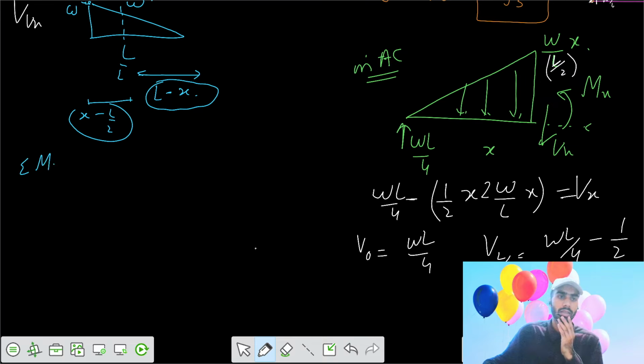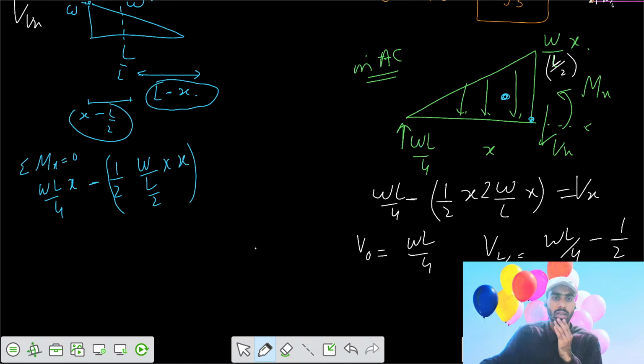We write summation Mx equals 0: WL/4 about this point, WL/4 into x, and the centroid is here, and the area of that triangle is 1/2 into W/(L/2) into x, into your length x. This is the area of that triangle. It acts at x/3 from your section x, and your moment Mx is negative, so we can write it as Mx.